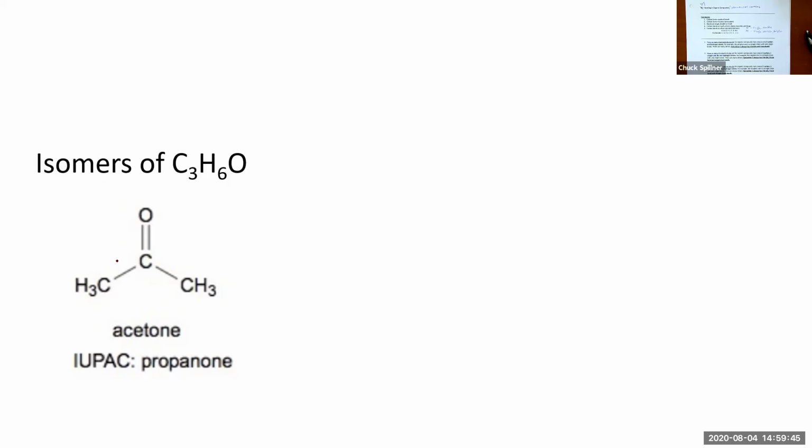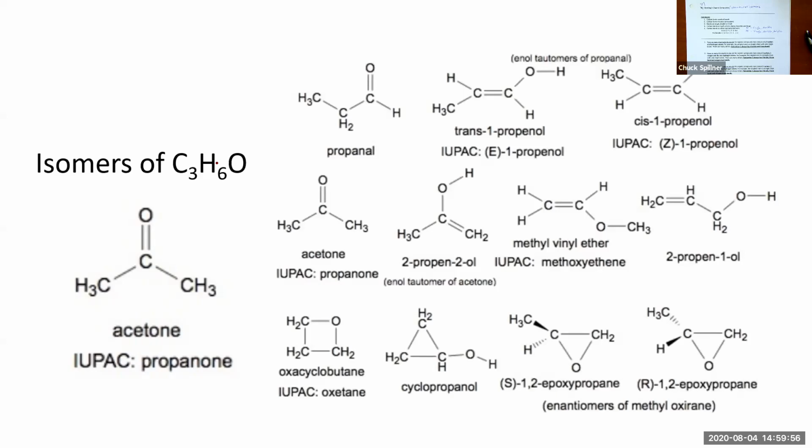We can put double bonds. Whoa, as soon as we add that oxygen, we have lots of isomers. Look at all those isomers just by adding an oxygen atom to our C3H6, making C3H6O.